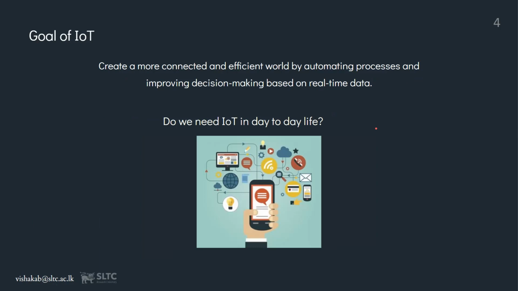It could be in our own smart homes, and it could be in our workplaces, and also it could be in outdoor environments, such as agricultural environments or industrial environments. So in all these locations, what we're trying to achieve is to obtain automation in those places by using IoT technologies in those environments.